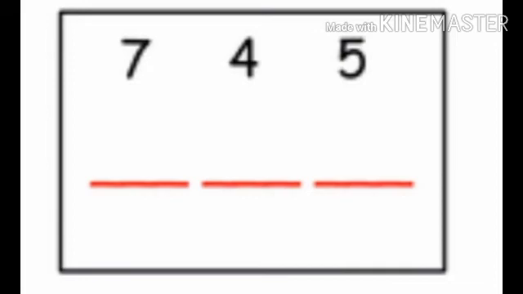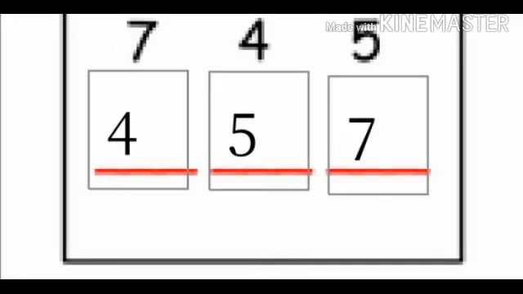You have to rearrange the numbers and write them from smallest to biggest, okay my dear? So which is the smallest number first? Here you can use the ascending order concept. Which is the smallest number? 4. Very good. After 4, what number will come?